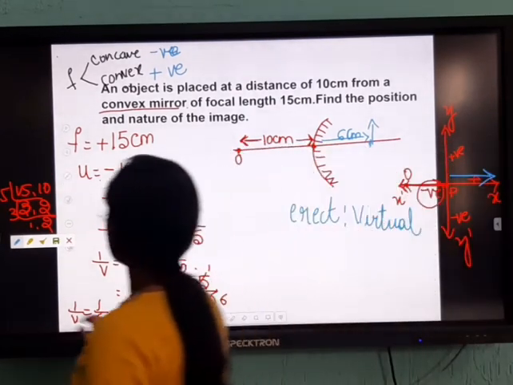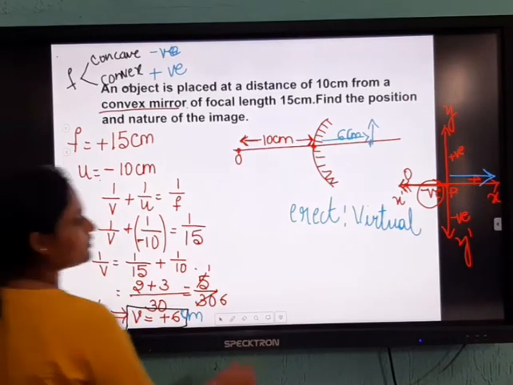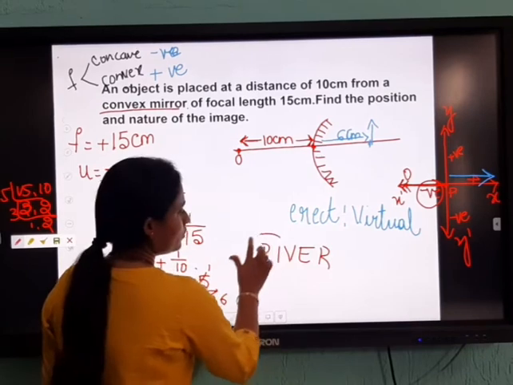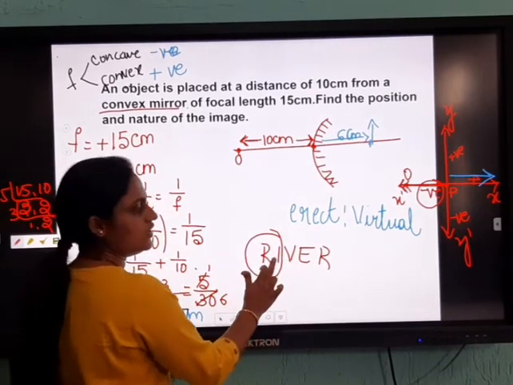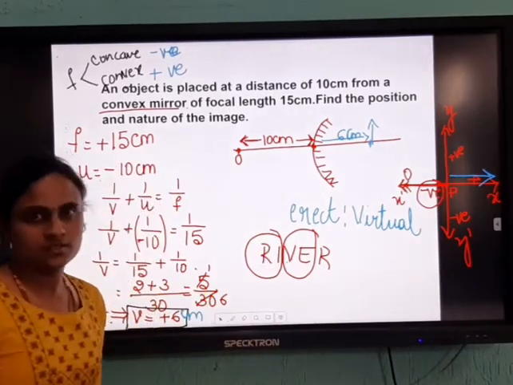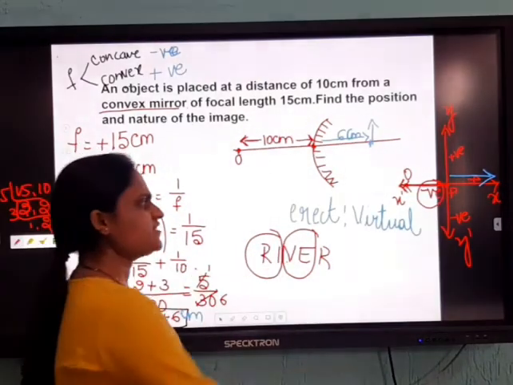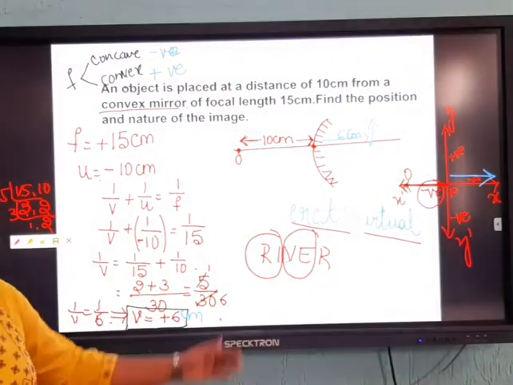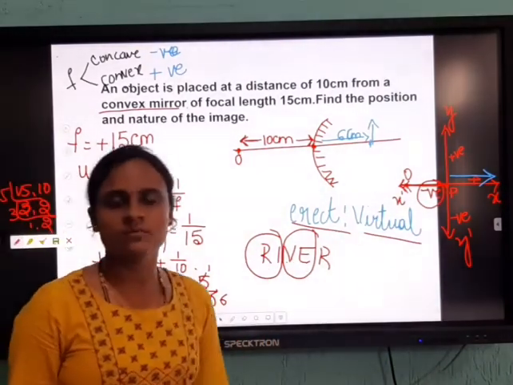I told you one trick, right? What is the trick I said? RIVER. When it is real, it will be inverted. When it is virtual, it will be erect. So if it is erect, it will be virtual. This is the nature of the image formed.